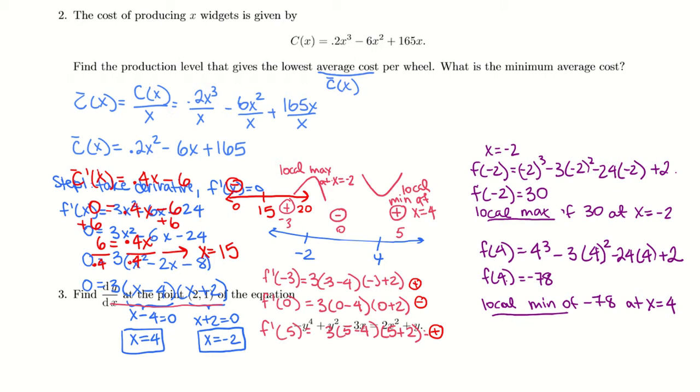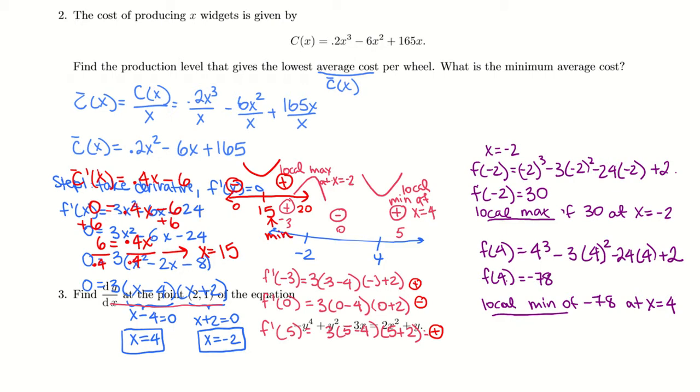Plug in 20, that would be 0.4 times 20, which is 8, minus 6, which is 2, so we get positive here. That means that the derivative approaching 15 from the left is negative, and then at 15 the derivative changes to positive, so we do indeed have a minimum value, a local minimum value at 15.